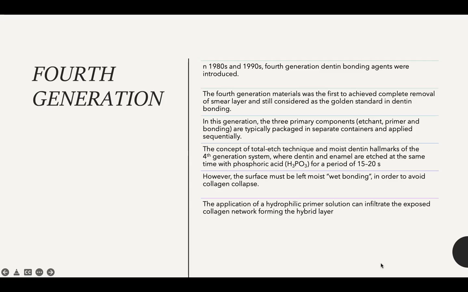In this generation, we have three components, etchant, primer and adhesive, packaged in three separate containers. In one bottle we have the etchant, in the second bottle the primer, and in the third bottle the adhesive. The concept of the total-etch technique and moist dentin bonding were the hallmarks of the 4th generation.